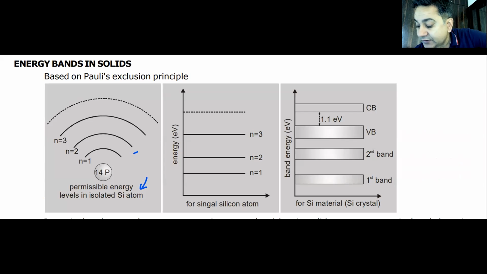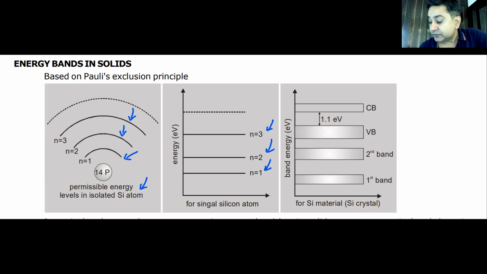We have the n equal to 1 shell, n equal to 2 shell, n equal to 3 shell. Do we understand this from chemistry? Different shells, principal quantum number n equal to 1, 2, 3. Yes, sir. Then they have this in terms of a graph where the energy of these shells lie.